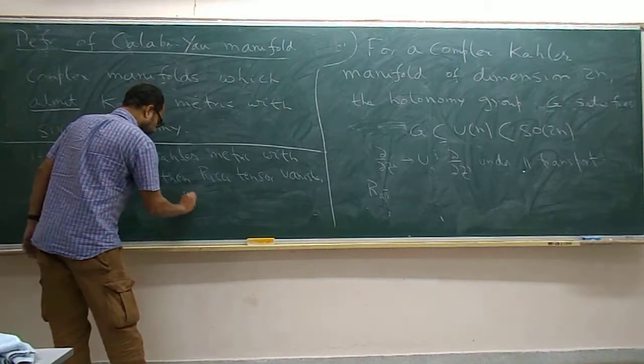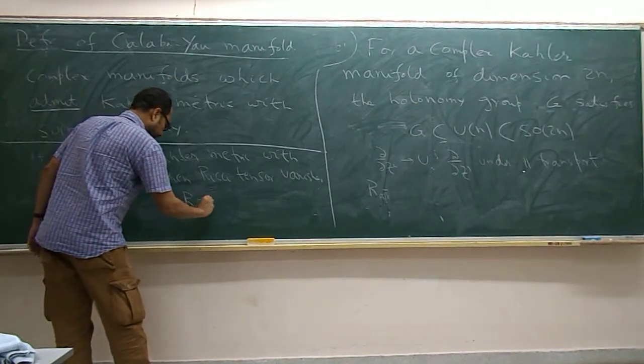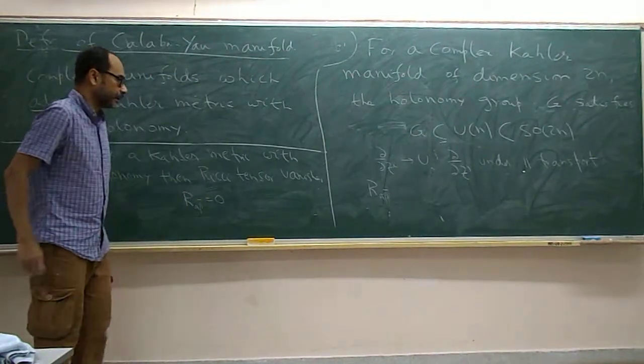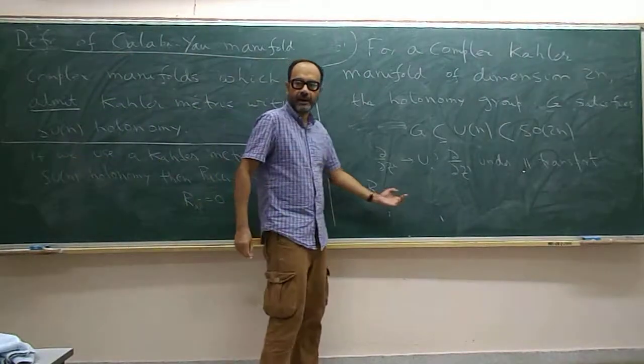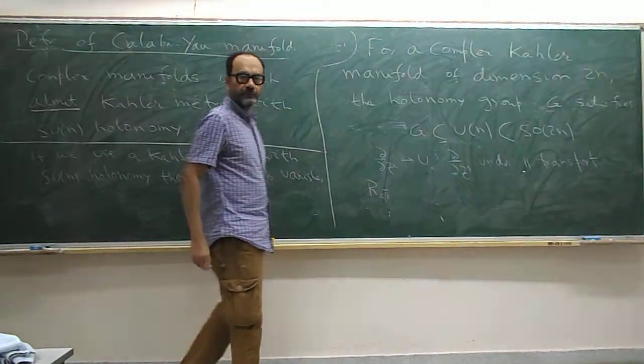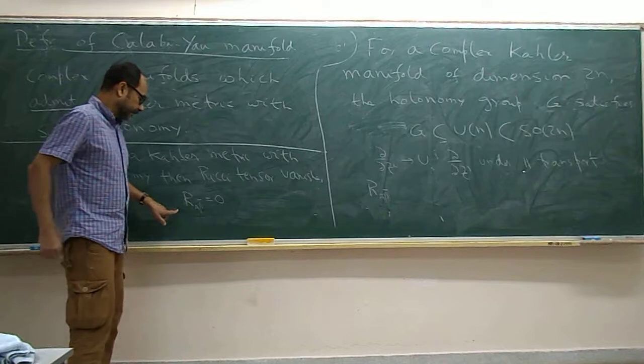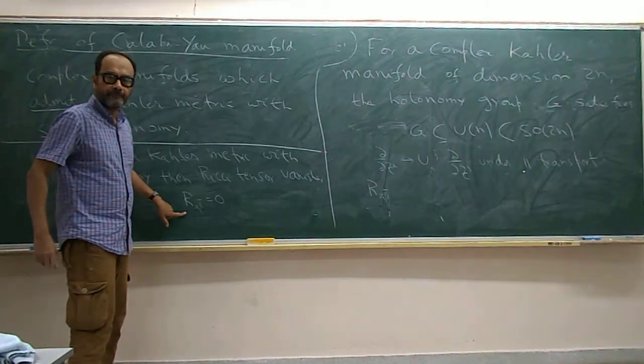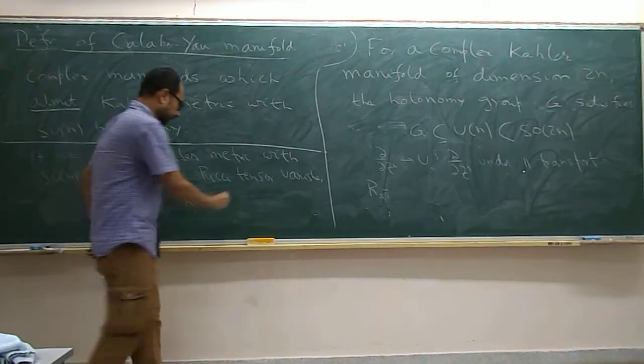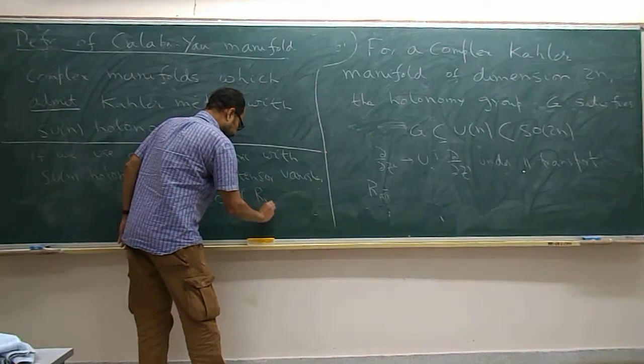So R alpha beta bar. Hermiticity guarantees already that R alpha beta and R alpha bar beta bar are 0. But this mixed component is also vanishing. So let me write this in brackets. This is also 0.